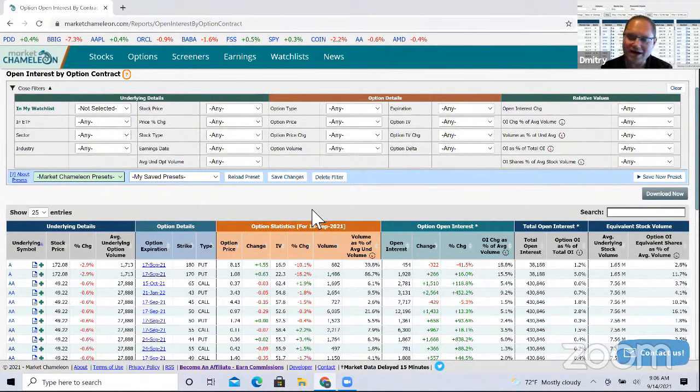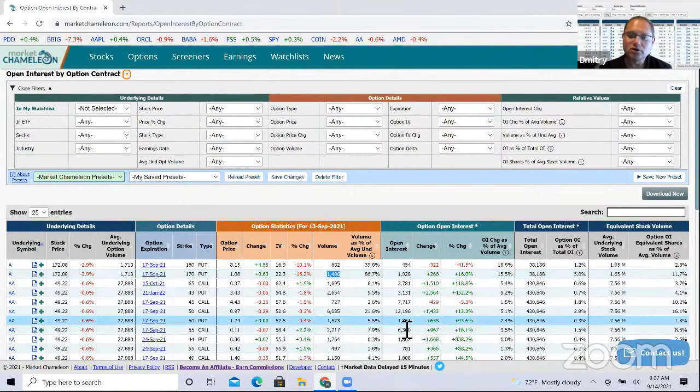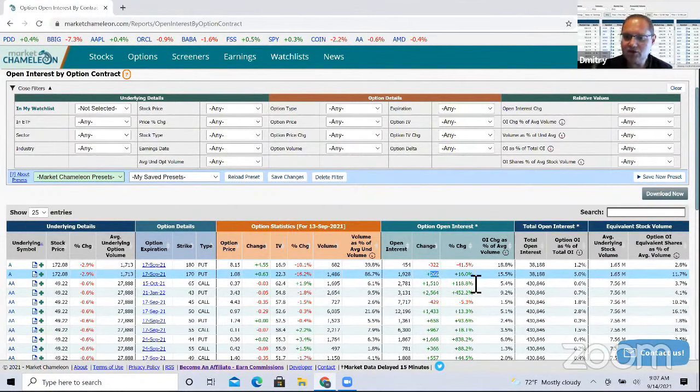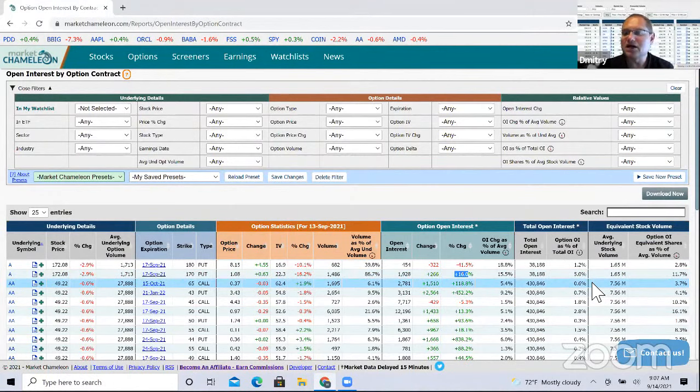It's looking for option contracts that either have a lot of relative volume on that specific contract, and that's updated throughout the day, or a relatively big change in open interest from the previous day, or a big concentration of open interest. Those are the three things this report is trying to filter out.